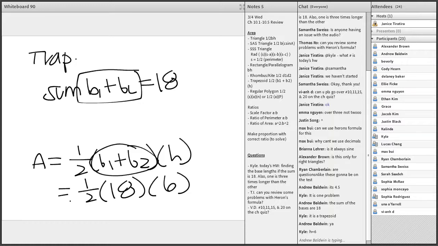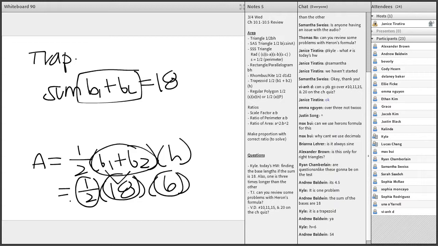If it's not asking to find a specific base, like find base 1 or find base 2, then all we're finding is area. We're just going to multiply these 3 numbers. So the sum of the bases is 18, already given. And then we just multiply half times 18 times 6. And yeah, the answer is 54.